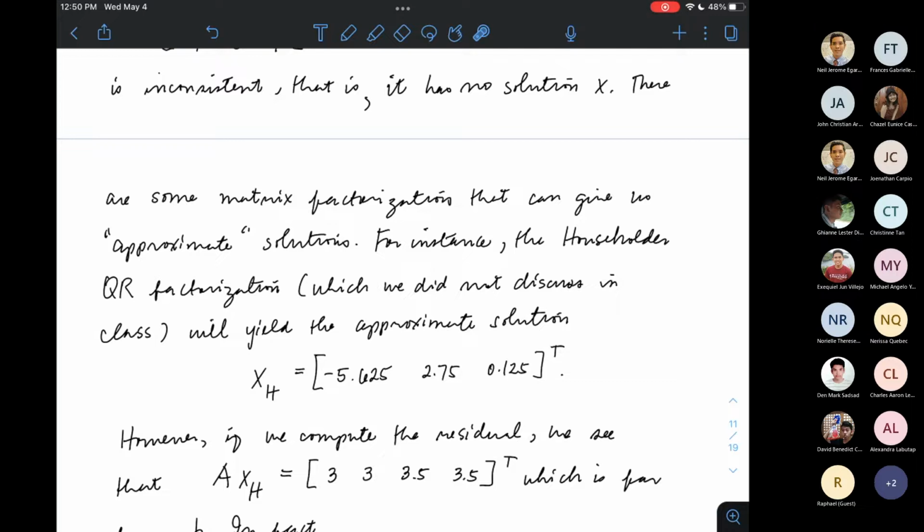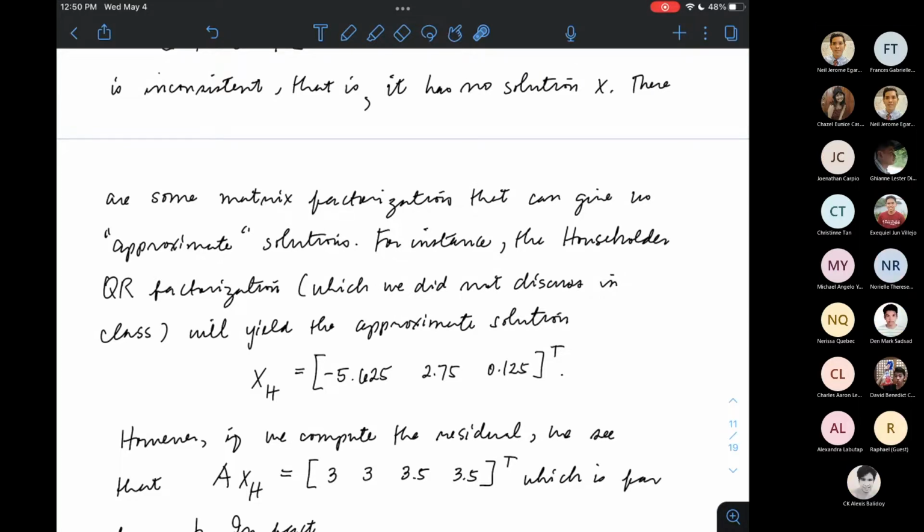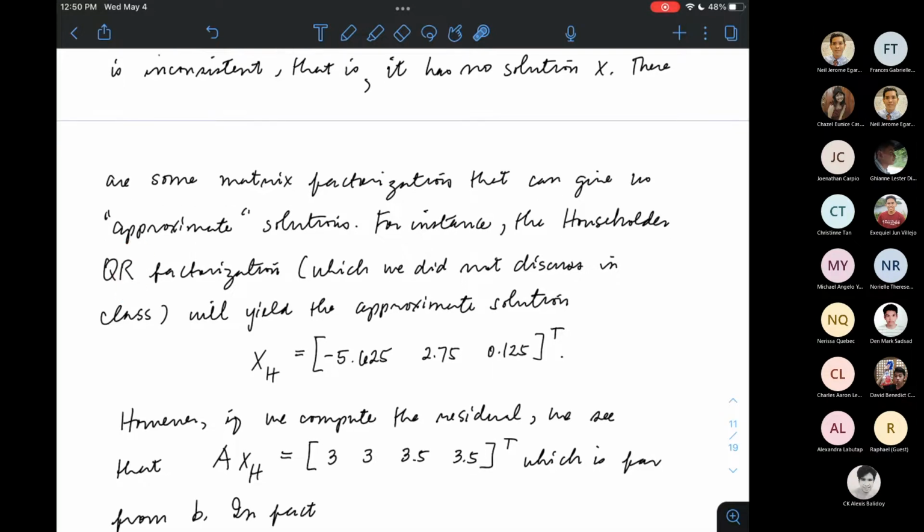I don't know if you have heard of it in linear algebra, pero gumagamit siya ng Gram-Schmidt process, pero householder variant para ma-decompose yung matrix A as a product of a unitary matrix Q and I think a lower or an upper triangular matrix R. Pag nirun nyo yung algorithm na yon, ang makukuha natin na solution ay si X sub H.